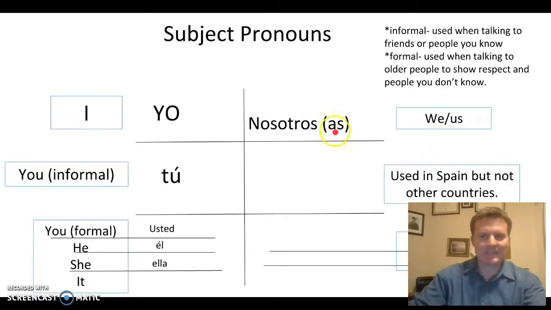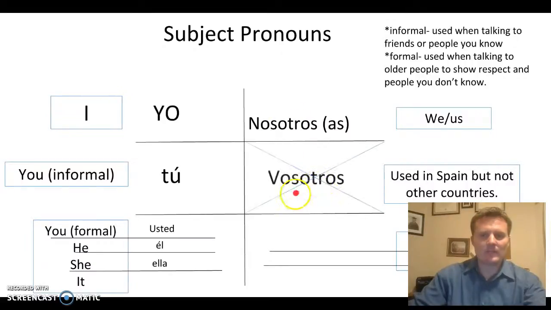Notice how there's an AS. I can easily exchange or switch out this OS for the AS. And that's used, nosotras, when, say, everybody in that group is a girl. Okay? If there's a mix of girls and guys, you would default to the masculine, which is nosotros.